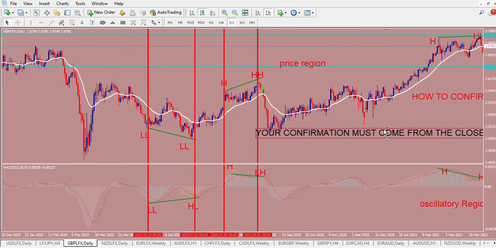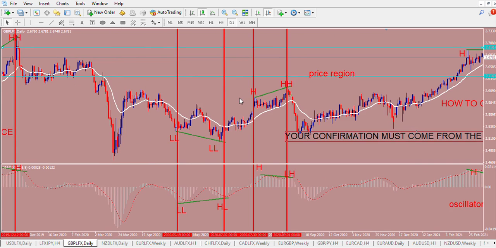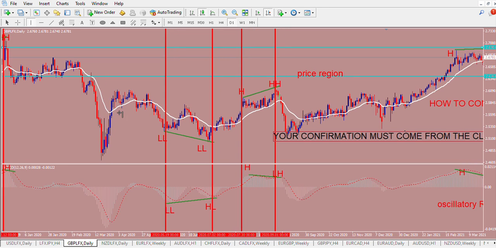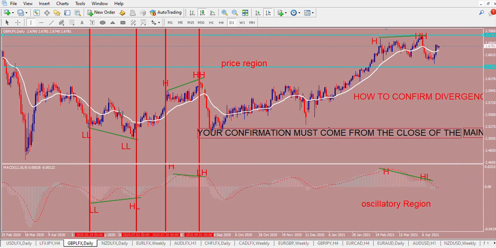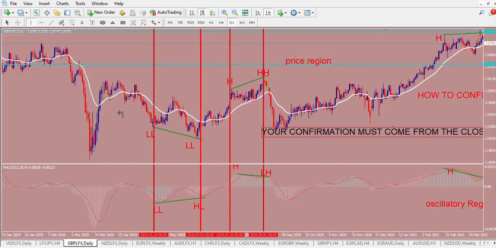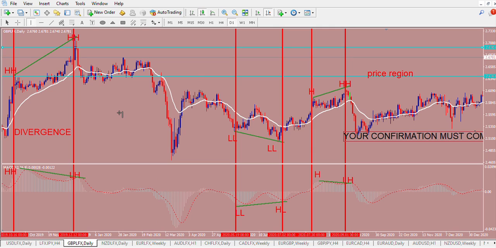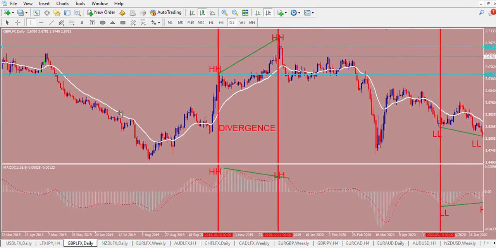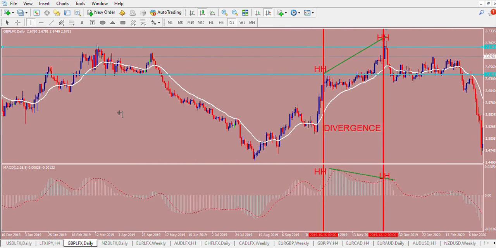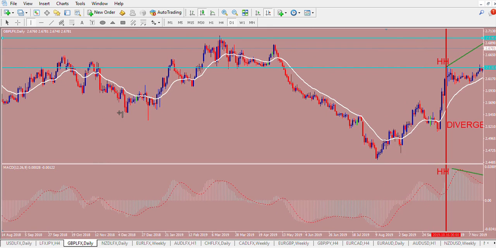Now what am I saying? Look at this region. Okay, let me look for a better one, where we have time and price. The time and price theory.